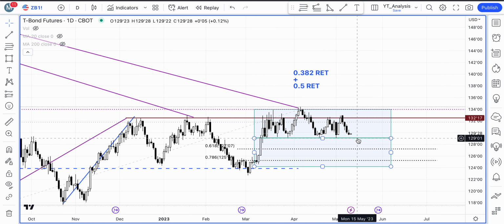But if this lower boundary is actually broken down from this range, then it signifies that the market is perhaps recalibrating, and it could be because of the debt ceiling stuff which is going on, and that could be the reason that the bonds are actually selling off, and in fact the yields are rising.